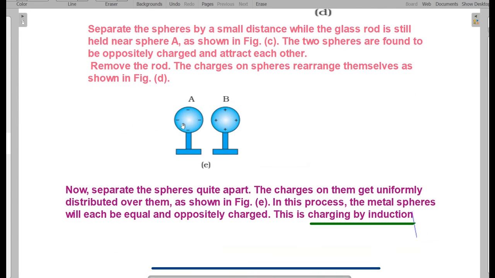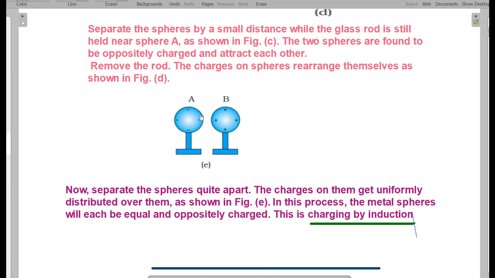Again, the glass rod is removed and the two spheres are now separated quite far apart. The charges on them get uniformly distributed over them.